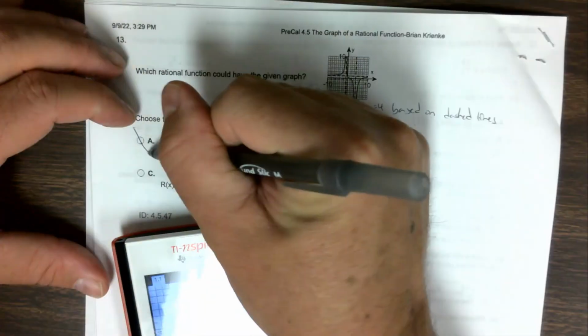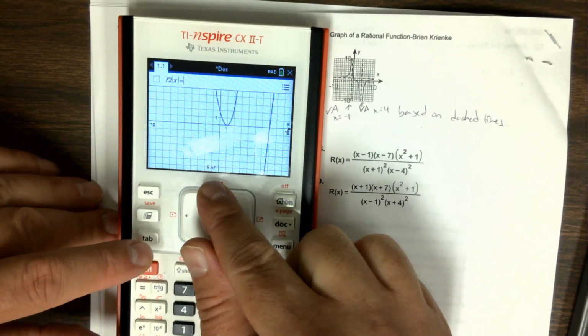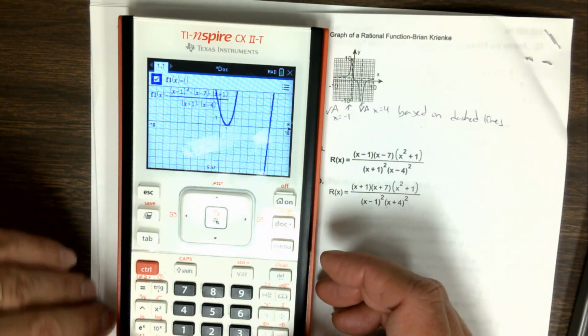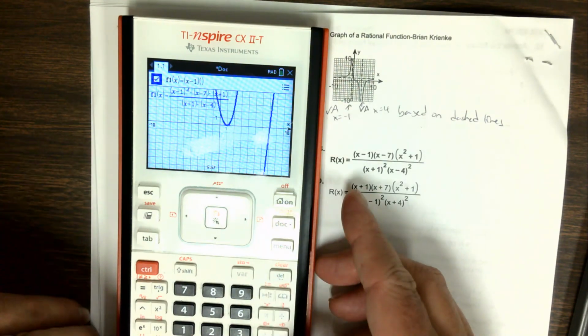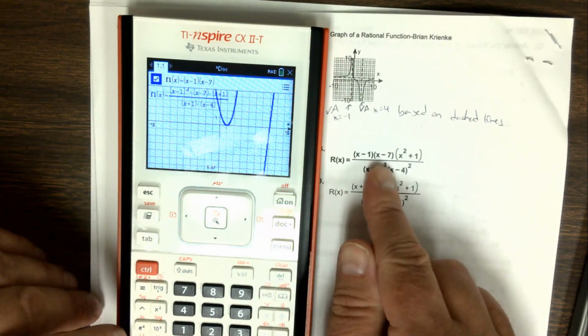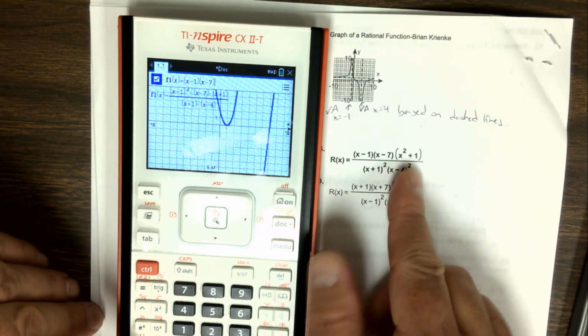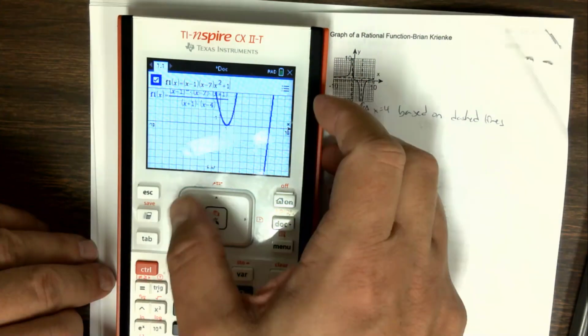Then let's try B. x minus 1 times x minus 7 times x squared plus 1. Oops, that needs a parentheses as well.